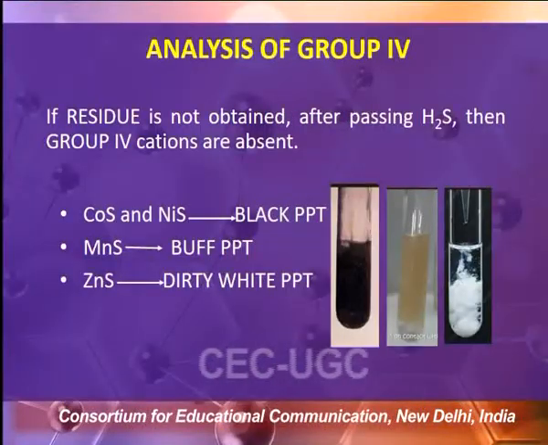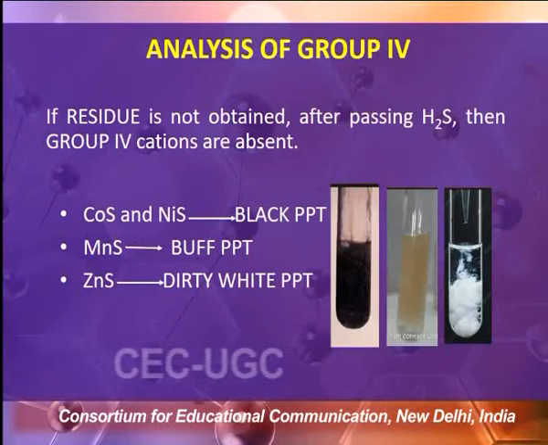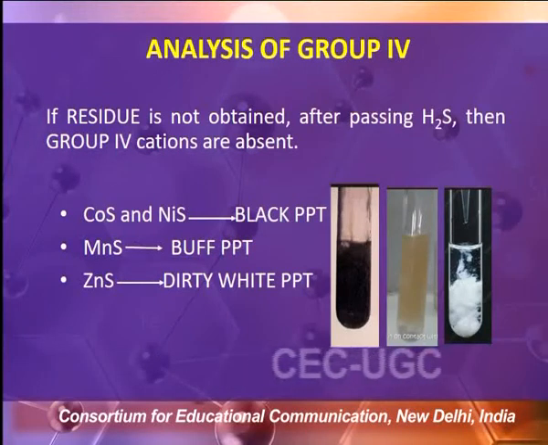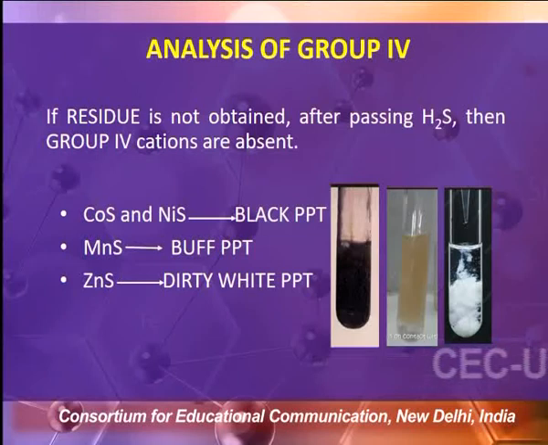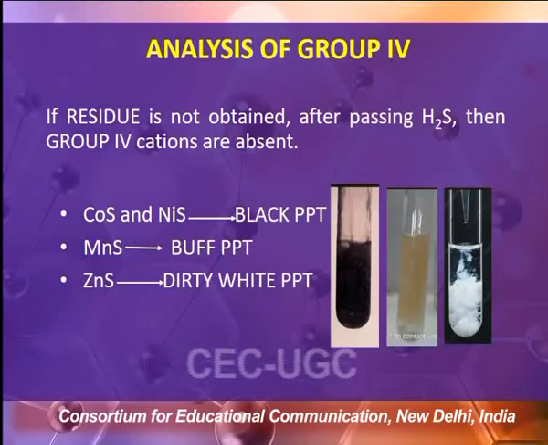So if the residue is obtained, and if that residue is black in color, as can be seen in the adjoining slide, then it contains precipitates of cobalt and nickel as their sulfides. It can also contain precipitates of manganese as well as zinc sulfides.